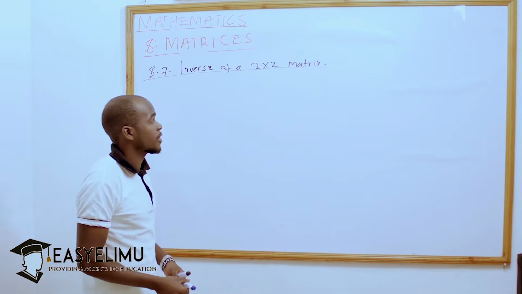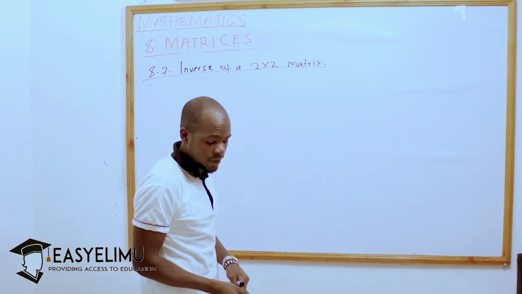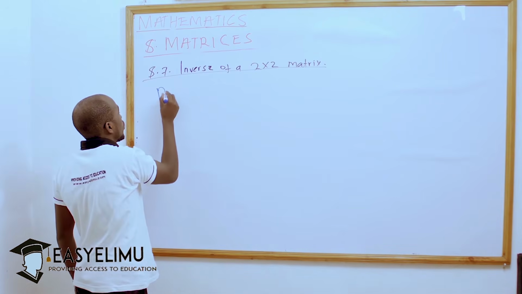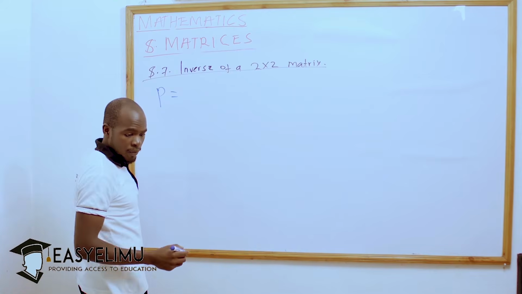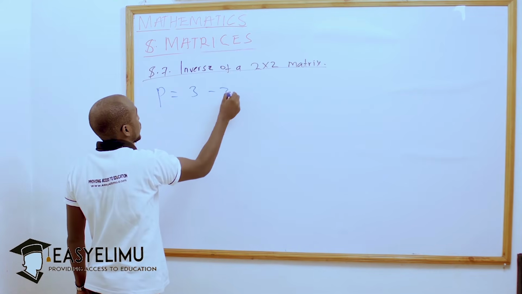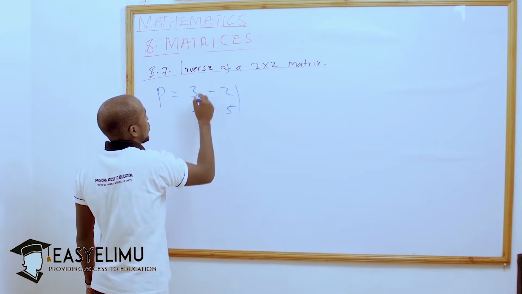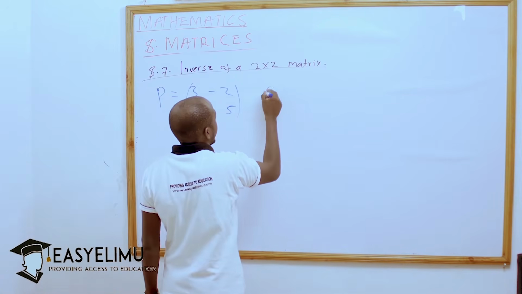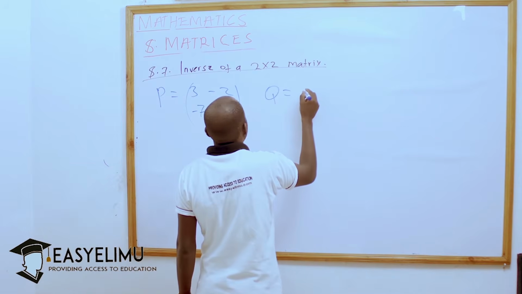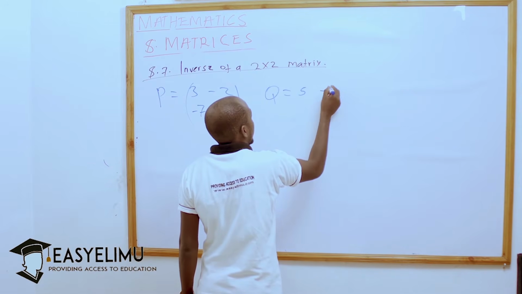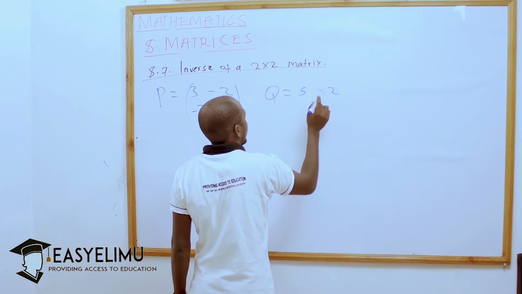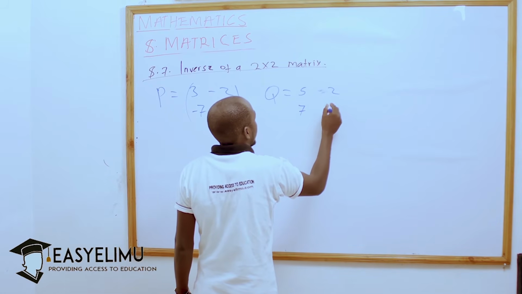Let's see how we can find the inverse of a 2 by 2 matrix. For this case, we shall consider two matrices: P, which is 3, -2, -7, 5, and another one as Q, which is 5, 2, 7, 3.